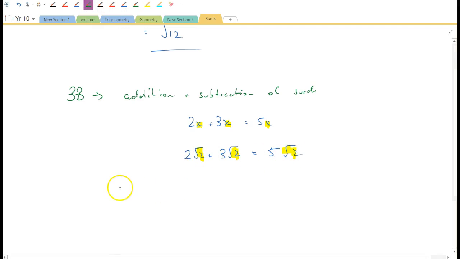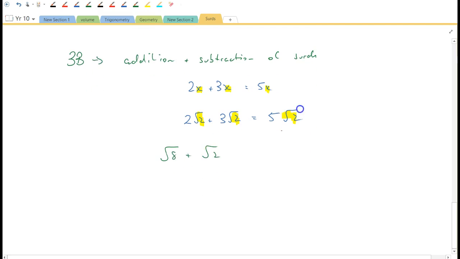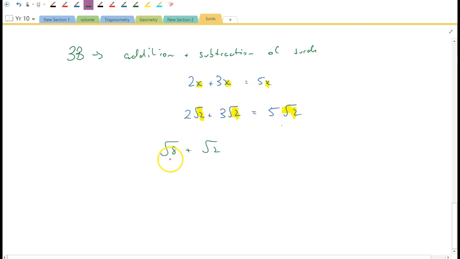The only trick is if I've got, say, root 8 plus root 2, is not to discard the fact that, well, they're not like surds, so I can't add them, right? I don't know if they're like surds until I've simplified them. So root 8, oh yeah, hang on, I can write root 8 as root 4 times root 2. That root 2 I can't simplify, but this root 4 becomes 2 root 2.